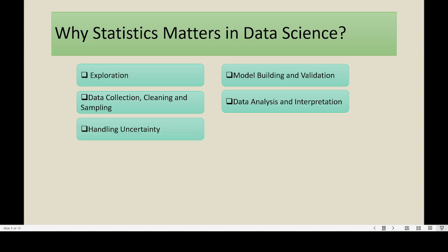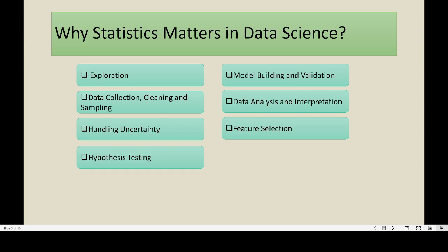Sampling allows us to test the hypothesis about the characteristics of the population, and what the findings mean in context. Similarly, we can handle the uncertainty to make decisions and navigate situations where the outcome is not fully known. Feature selection is to identify and choose a subset of the most relevant features.